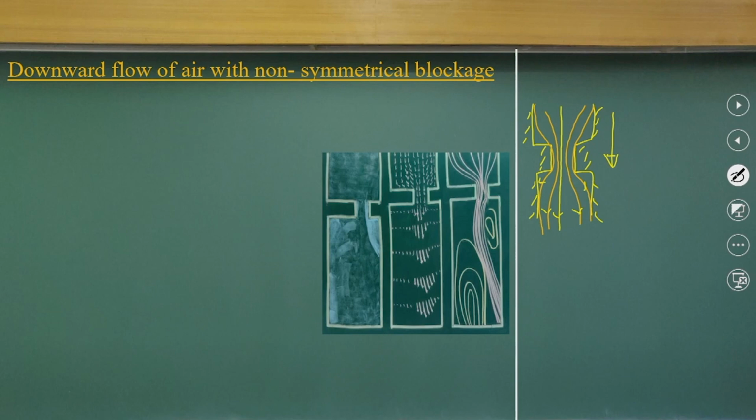If you look at that, we can draw the streamlines, and we can interpret what the flow boundary conditions are here, and what the boundary conditions are there. We can look at the boundary conditions from upstream and downstream.